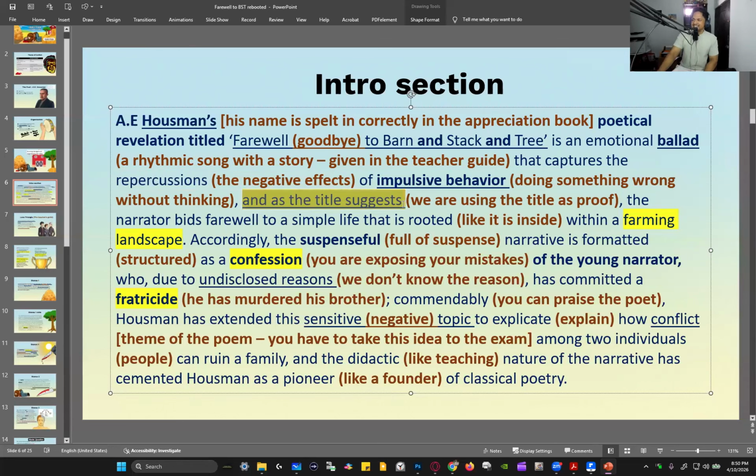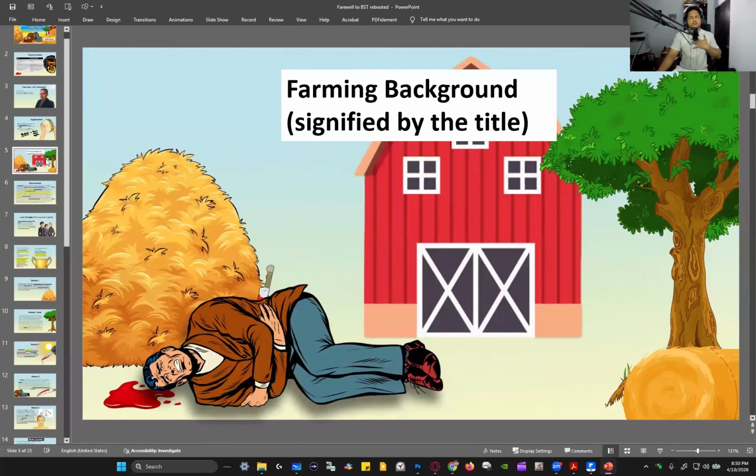And as the title suggests, the narrator bids farewell to a simple life that is rooted within a farming landscape. The narrator is saying goodbye to his simple life.